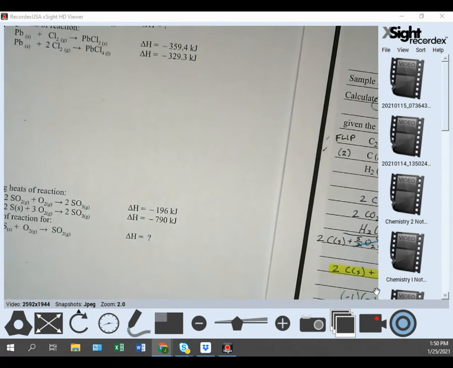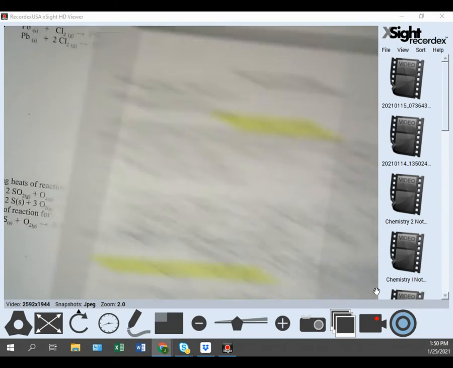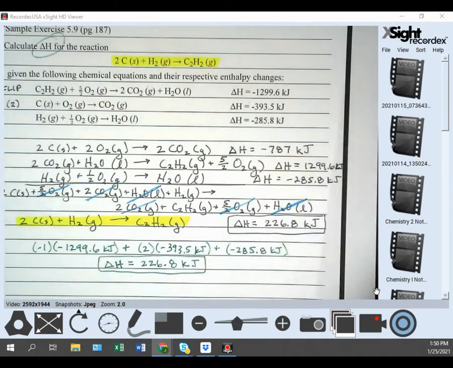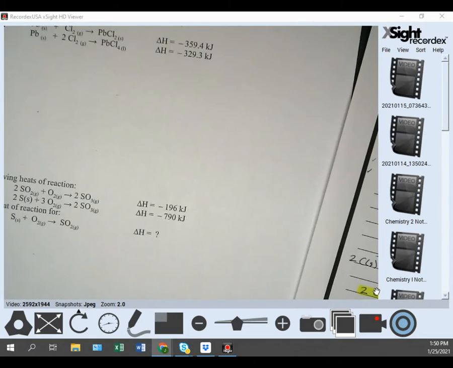And if you get stuck, if you can't get it, then do this. Do the actual equations out and figure it out, okay? Another helpful hint, don't forget you can multiply by a fraction as well.